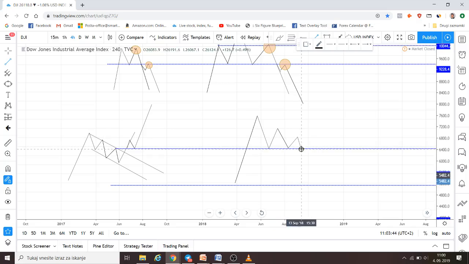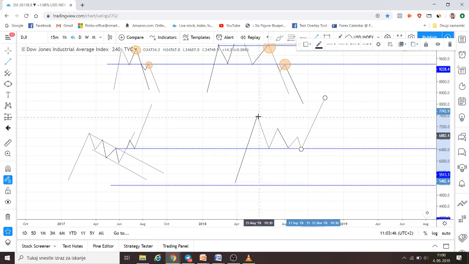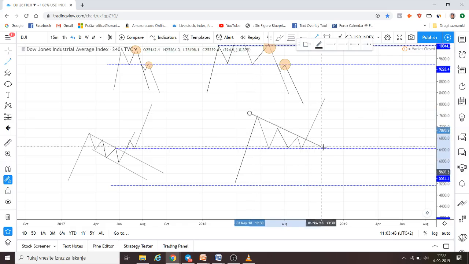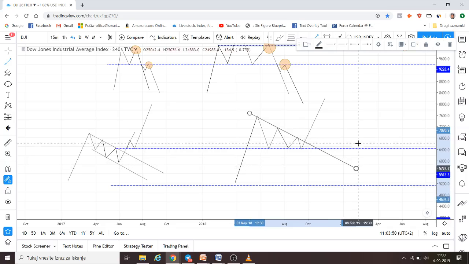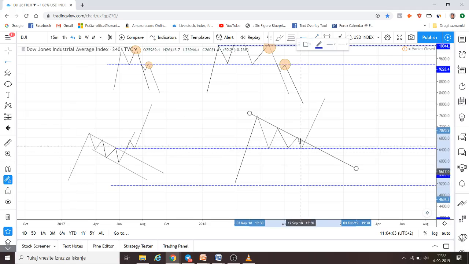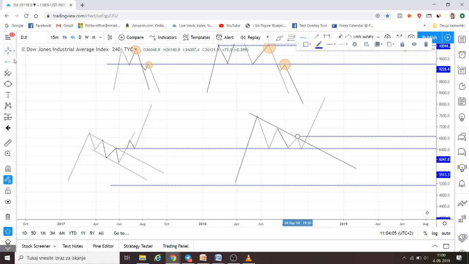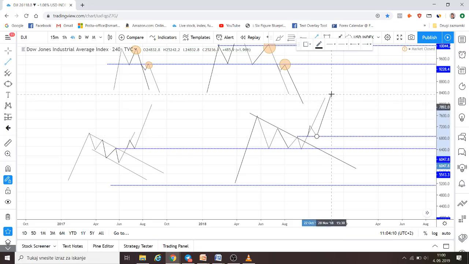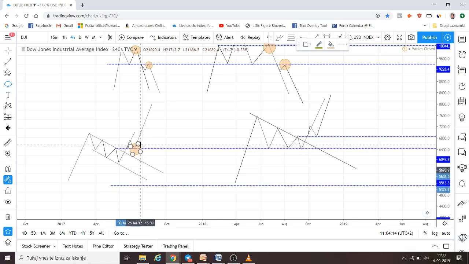One very similar pattern is this one. I wouldn't say it is a bullish flag. Okay, it's kind of a triangle. But we look for the same thing.